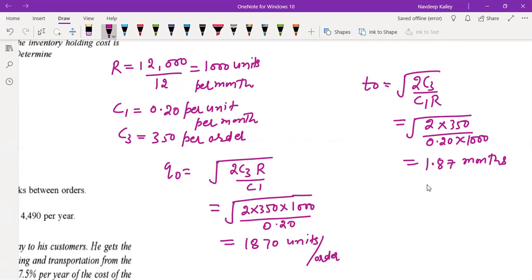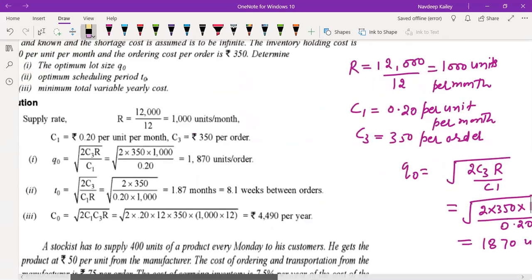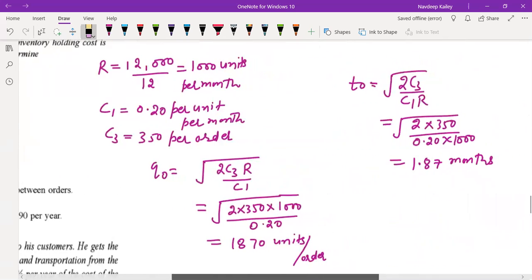Further, we have to calculate the minimum total variable yearly cost.